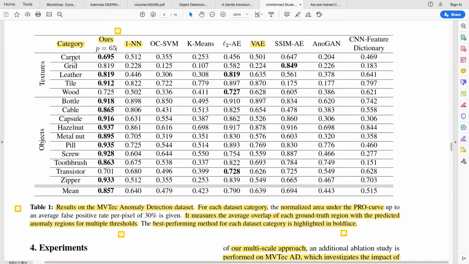We can see the data set has different categories. You have the textures category, which has carpet, grid, leather, tile, wood, and you have the object category, which has screw, toothbrush, transistors, and so on.